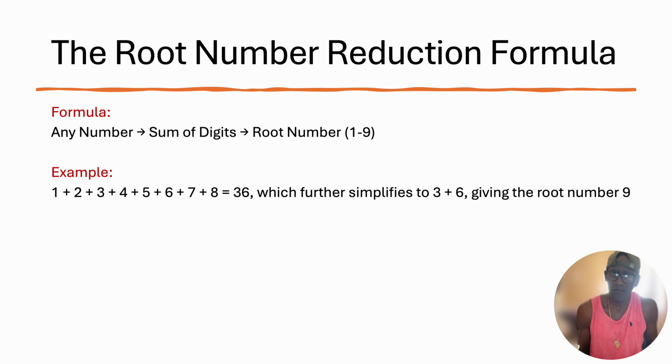So that's any number, sum of digits, root number. And so, for example, if you have 1 plus 2 plus 3 plus 4 plus 5 plus 6 plus 7 plus 8, that's going to be equal to 36, which further simplifies to 3 plus 6, giving you the root number 9. Yeah?